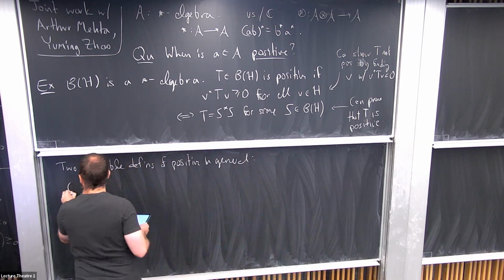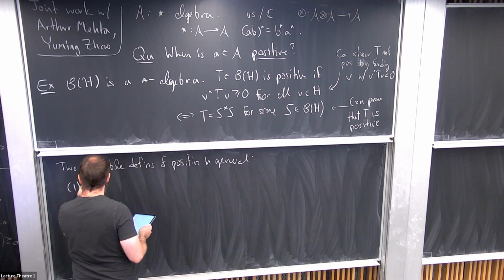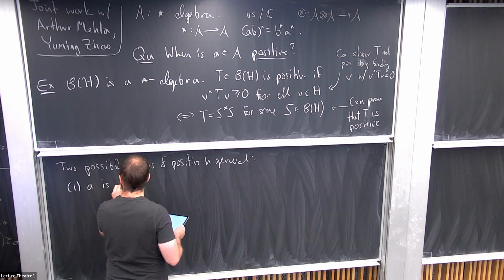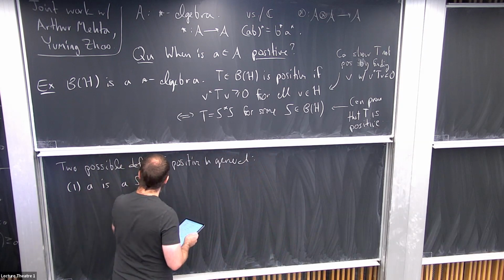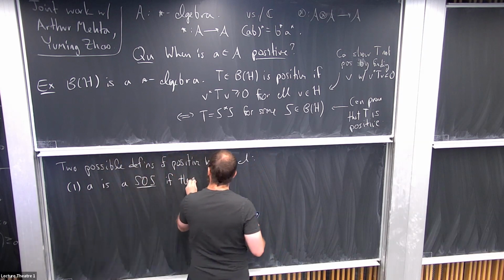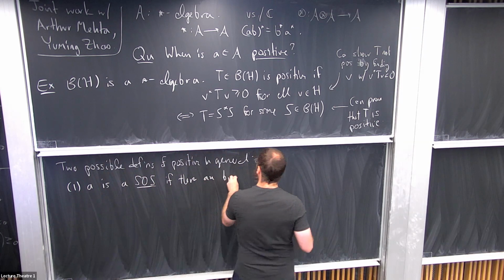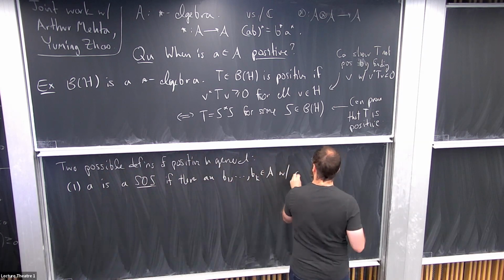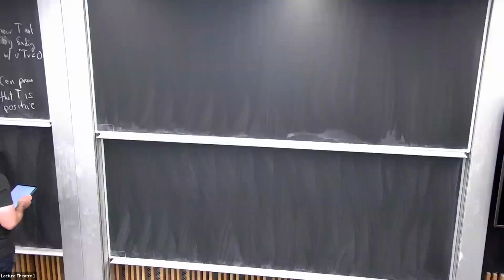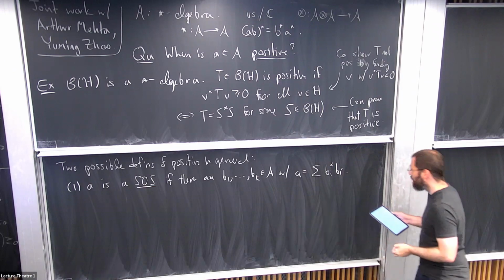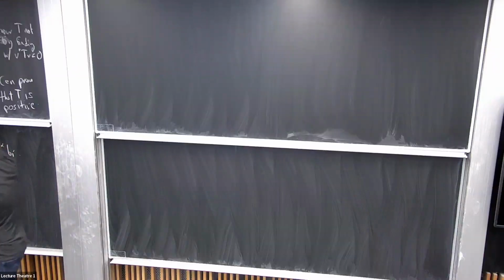One is that we'll say that A is a sum of squares, or SOS for short, if there are B1 through BK in A with A equal to the sum over i of Bi star Bi. So this one generalizes the second definition here.